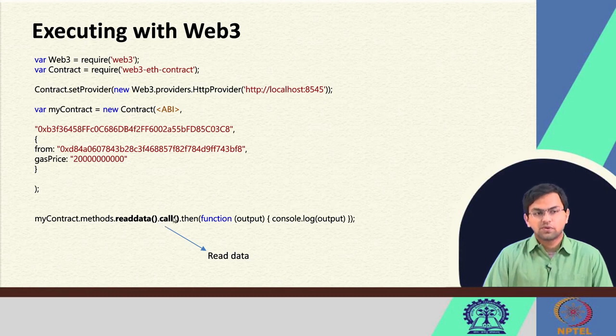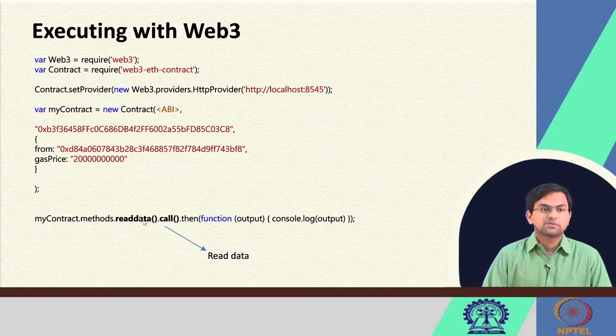Call means it won't be sending any transaction to the ledger. Instead, it will just read the latest ledger state, find out what data it needs to read for read data, and give that as the output. To print the output, we specify dot then and pass the function console.log. So this is for reading data.